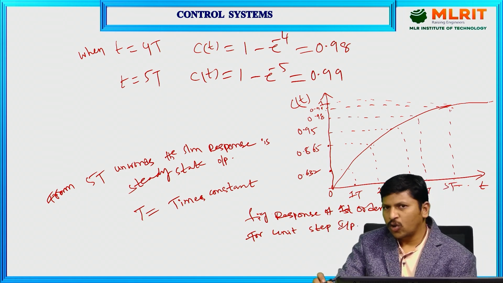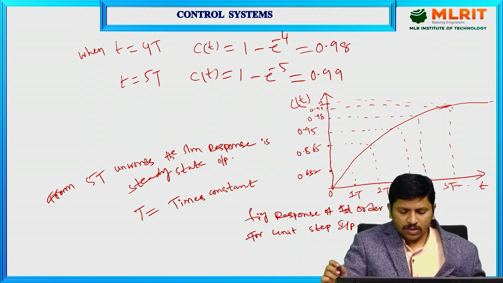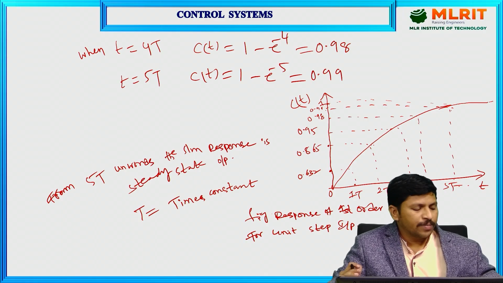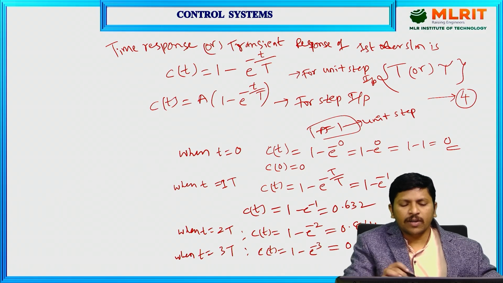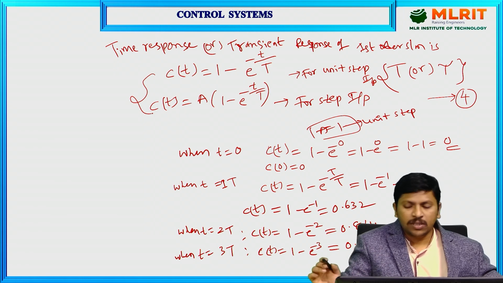This is the output. This is the graph of the time response for a first order system, and the output equation is C of t equals 1 minus e power of minus t by T. This is a very important equation.